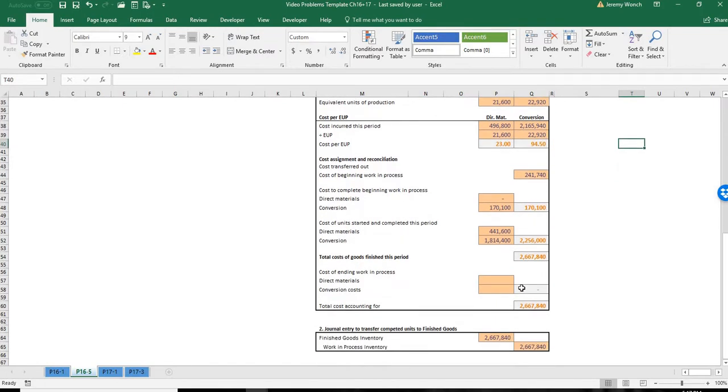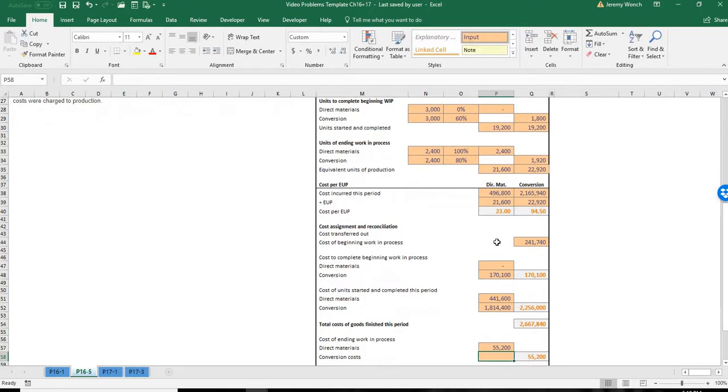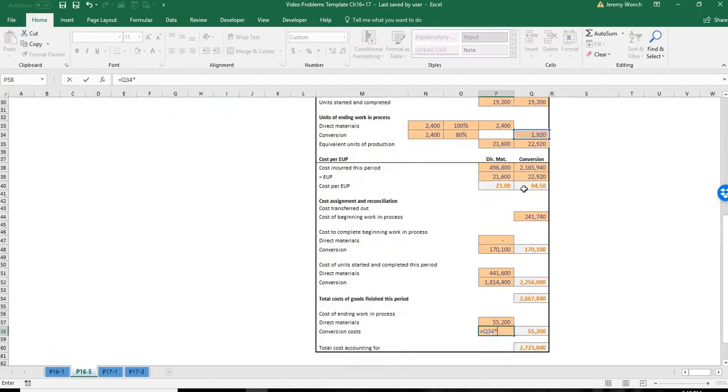And so now we need to figure out the cost in ending work in process. So our ending work in process units was 2,400 for direct materials times our cost. And then our conversion was only 80% done. So that's 1,920 times our cost.